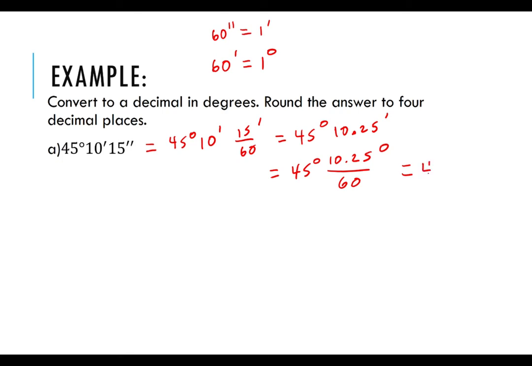And so that's going to be 45.17083 repeating. But since we're rounding the answer to 4 decimal places, the 3 does not affect the 8. And so this is our decimal degree form.